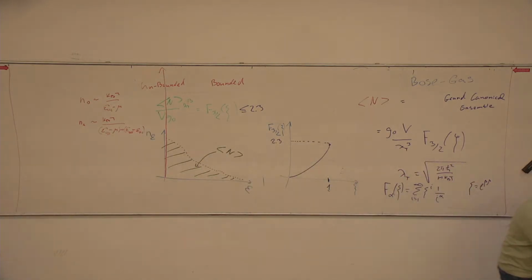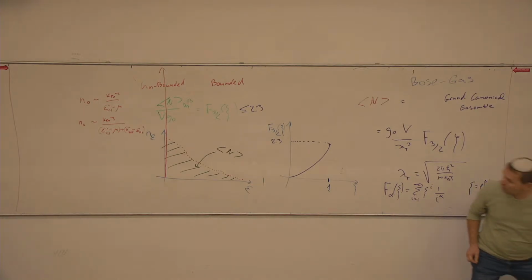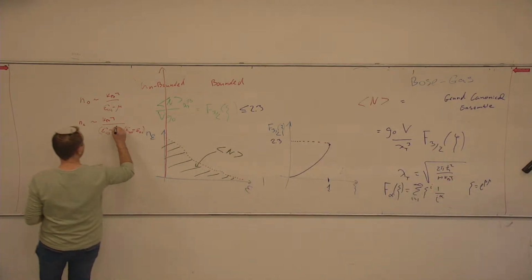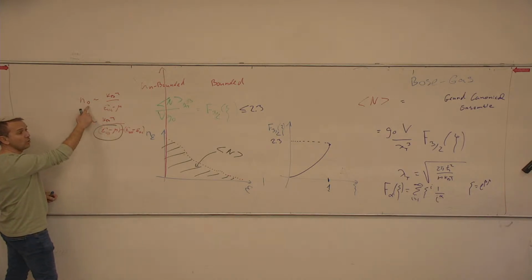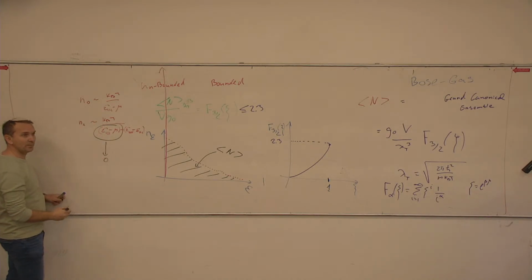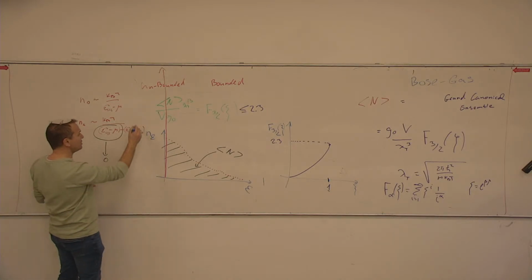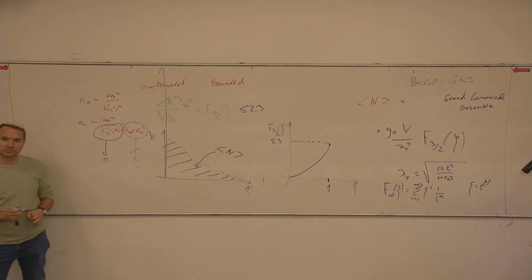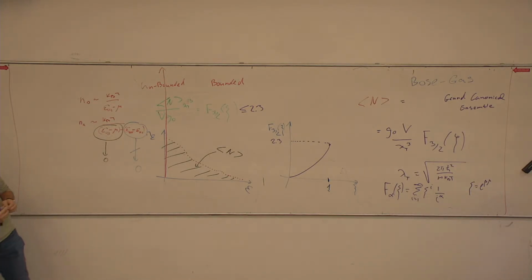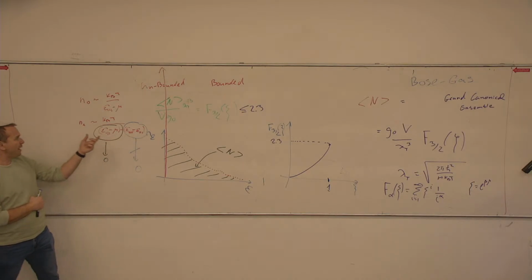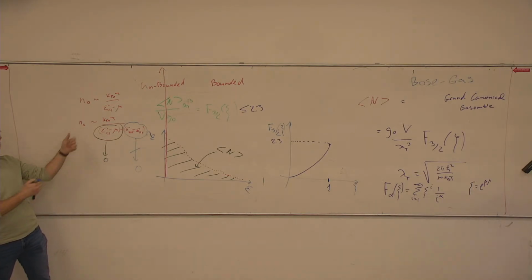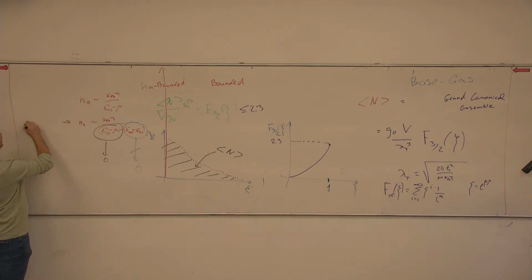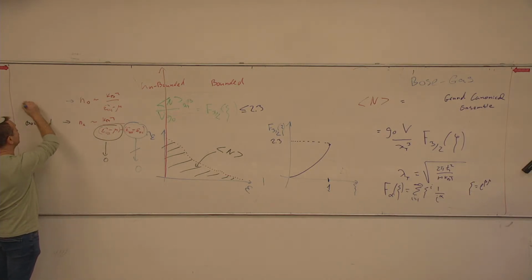Because this number can go to 0, but the other number, this one, can't go to 0. There is always a lower bound on this difference over here. So basically, n1 is bounded. n0 is unbounded.